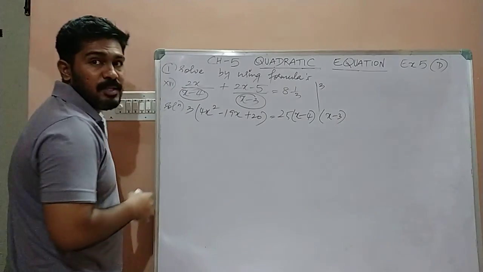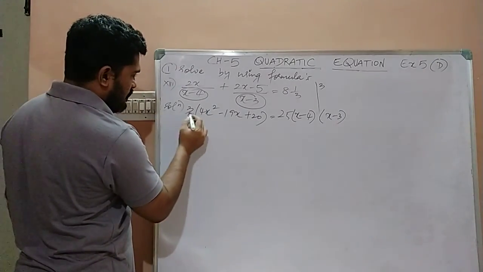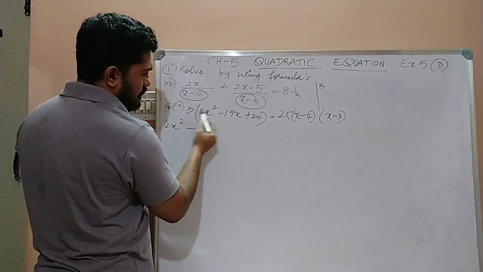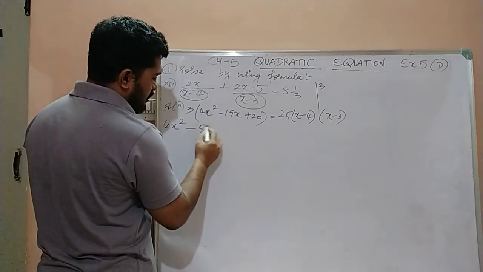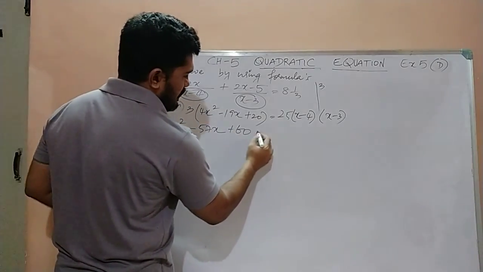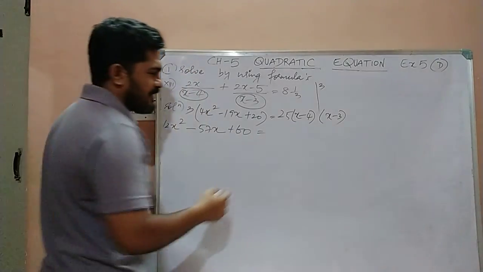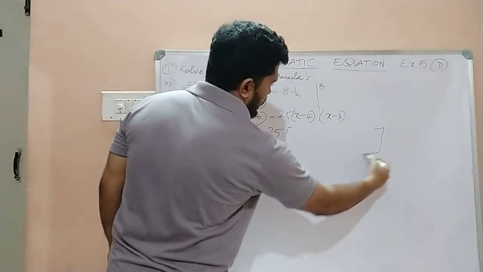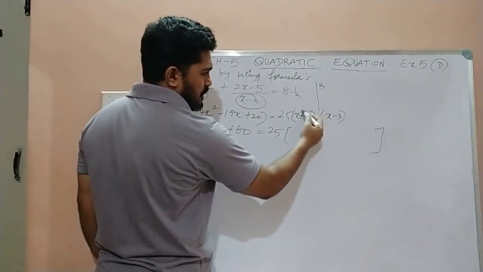Now children, let us open this bracket. It becomes 3 into 4x square is 12x square, minus 3 into 19 is 57, so 57x. 3 into 20 is 60. Correct? This is equal to 25 into. Now children, let us open these two brackets.